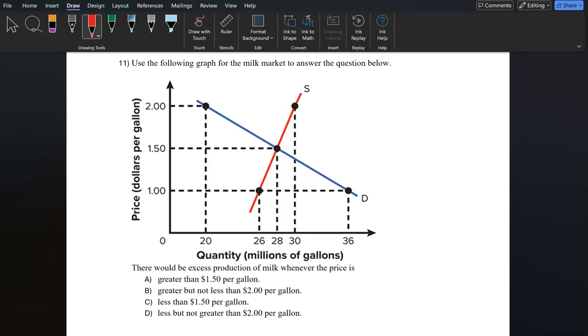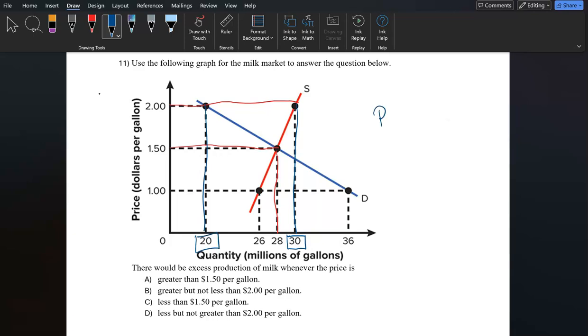Alright, so this one where we have the demand curve and supply curve cut each other, this is where we have the equilibrium price and quantity combination. Any price above equilibrium, let's say when the price is $2, it's touching the supply curve at 30, touching the demand curve at 20.